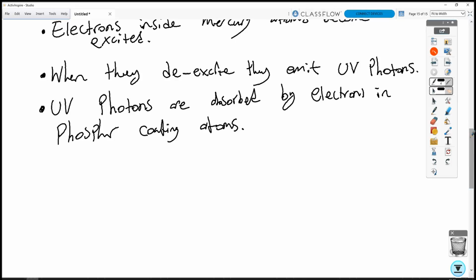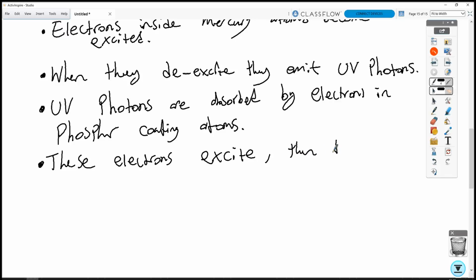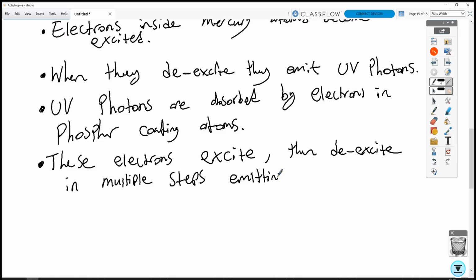These electrons excite, then de-excite. But they de-excite in steps. So these electrons excite, then de-excite in multiple steps, emitting light of different frequencies.